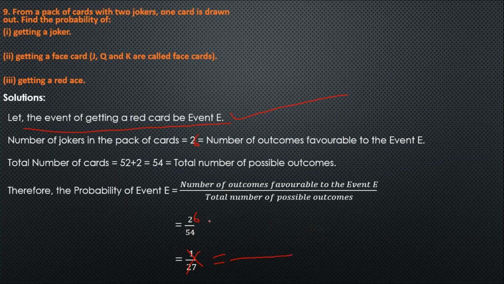The team has made a mistake here. Now you cancel out the common factor and this will give you your answer. Okay, because 13, this will give you 13 and this will give you 27. So this is 13 divided by 27 as your answer.